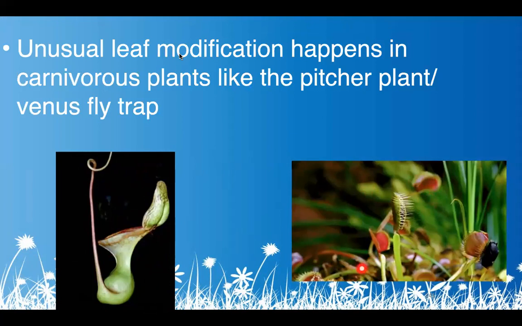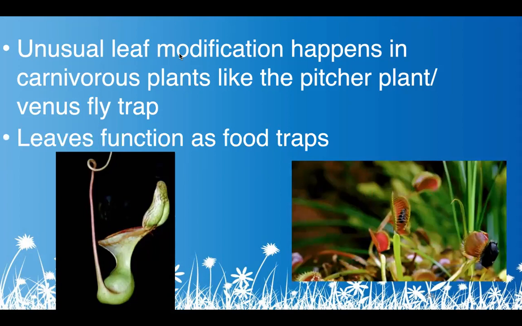But these two are adapted for being carnivorous, which means they feed on animals. You might think, what kind of plant feeds on animals? Well, they adapted to be carnivorous because they grow in very nutrient-poor soil, so they supplement their diets by feeding on animals. The leaves in this example function as food traps.